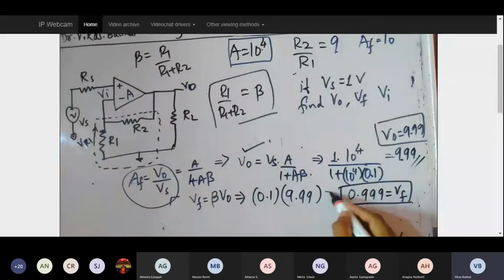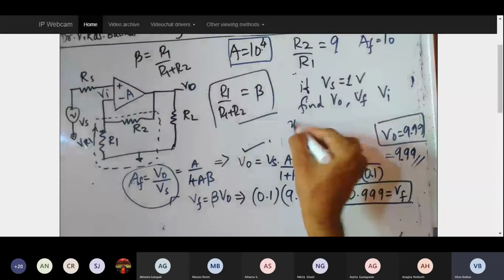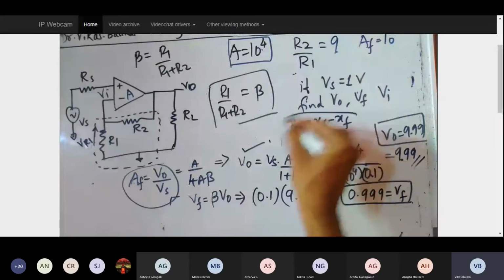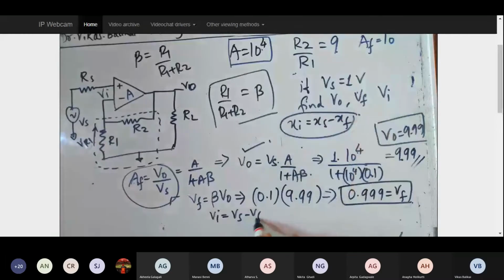Now I wrote in the beginning that xi is equal to xs minus xf. Writing this expression in terms of voltage, Vi is equal to Vs minus Vf. So what do I need here? I need Vi. Vs is given as 1. And what is that Vf I obtained? 0.999.